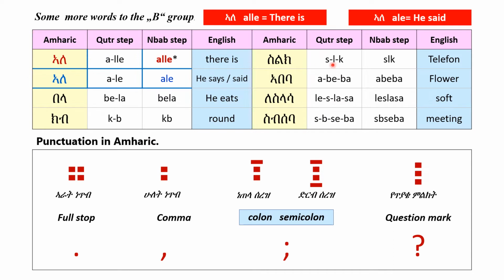Let us read some words. Ale, bella, küb, sülk, silk, abeba, ለስላሳ, ስብሰባ.